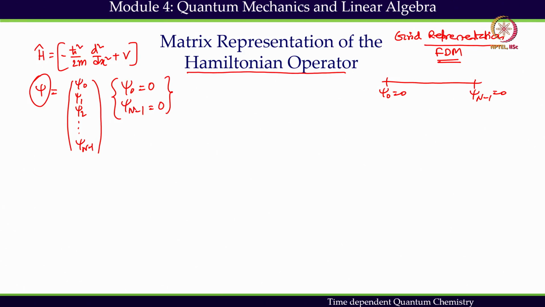So, this is the basic idea. In the reduced Hilbert space, when we present this in a finite grid representation, it is quite clear that this initial defining condition is naturally supported by the property of the reduced Hilbert space. So, you are good to go with this kind of wave function where the initial and final values are taken to be 0.